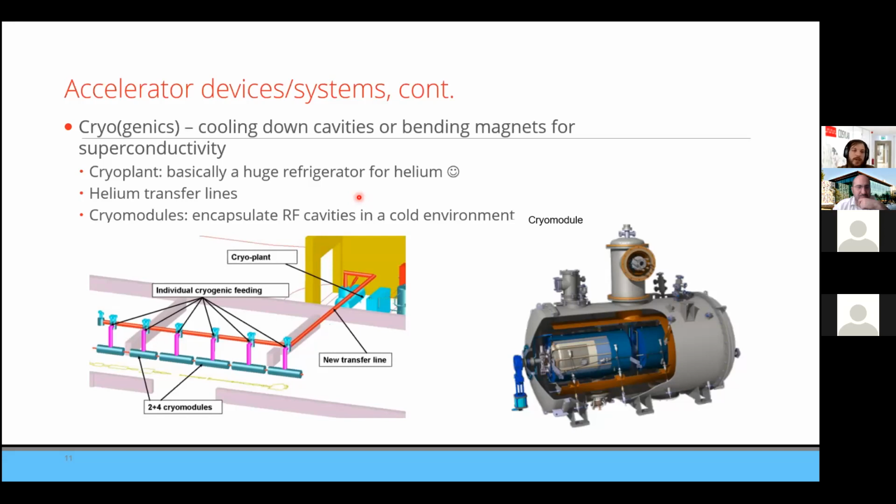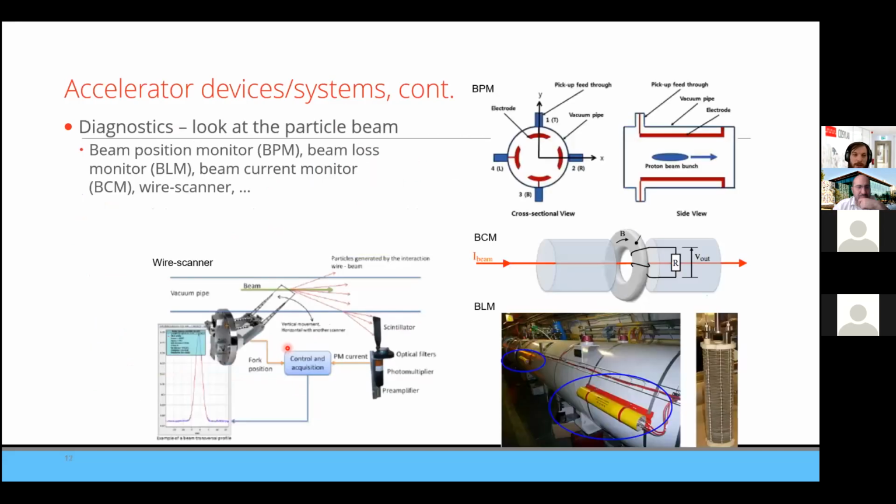So when you refrigerate the helium, it becomes liquid, and then it encapsulates the RF cavities, for example. It makes them superconductive. So there are a lot of cryo modules, for example, in linacs, and these also have to be really precise.